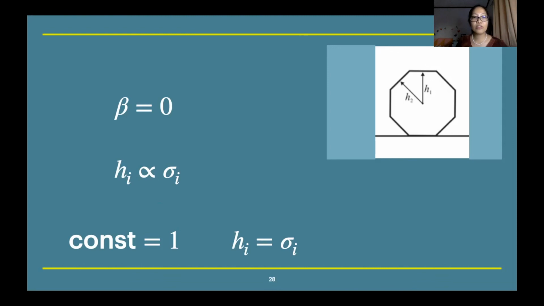If we take the constant to be equal to 1, and beta is equal to 0, then h sub I equals sigma sub I. This is the case for complete non-wetting.